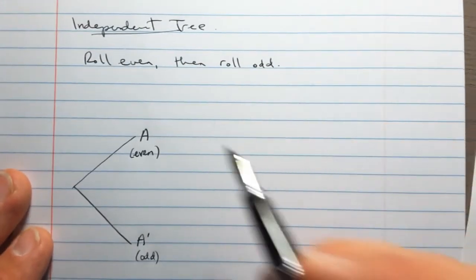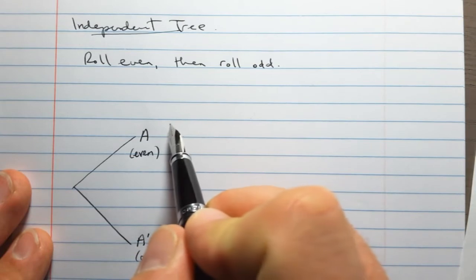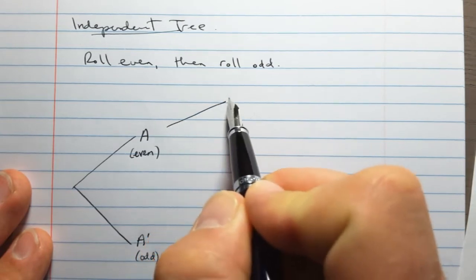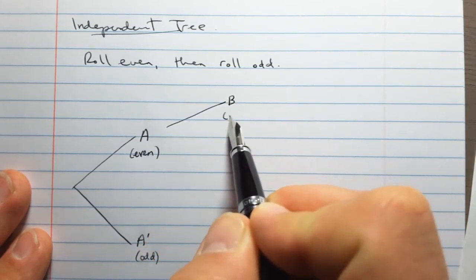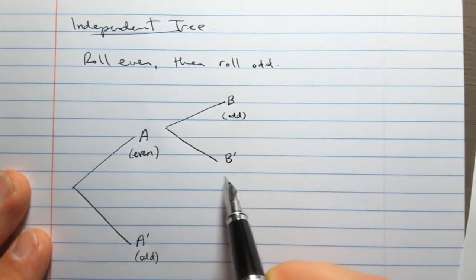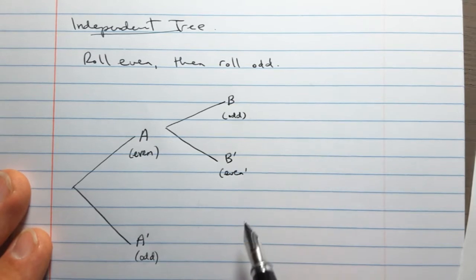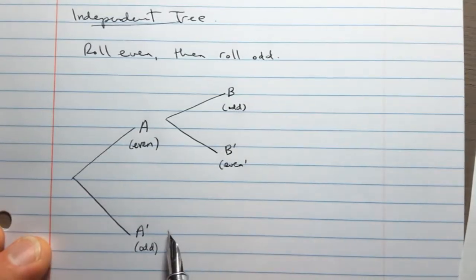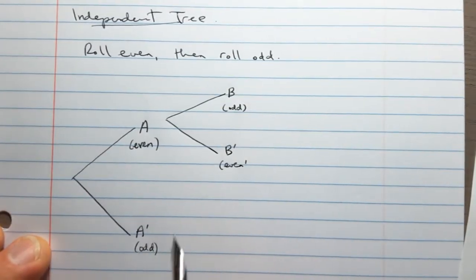And maybe we'll just continue and do the next layer here, the next stage. We can roll an odd number now, that's B, or not an odd number, an even number, that's B prime, or not B, you can say. And then, you know what, actually, if we roll an odd number first, I don't even care what happens. We aren't going to be calculating this.